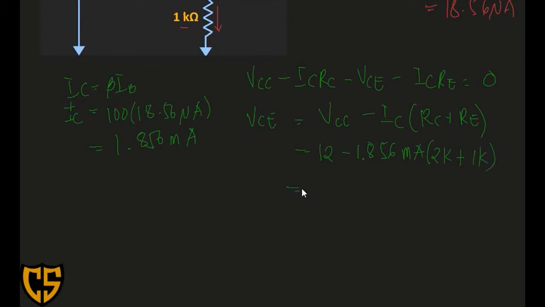So we will have 12 minus 1.856 milliampere times 3 kilo ohm.